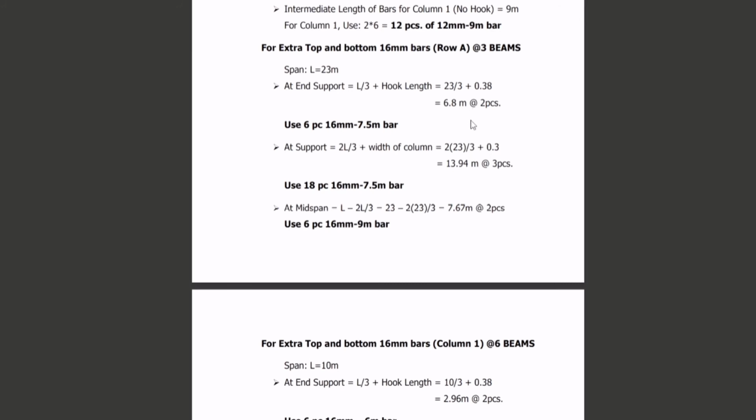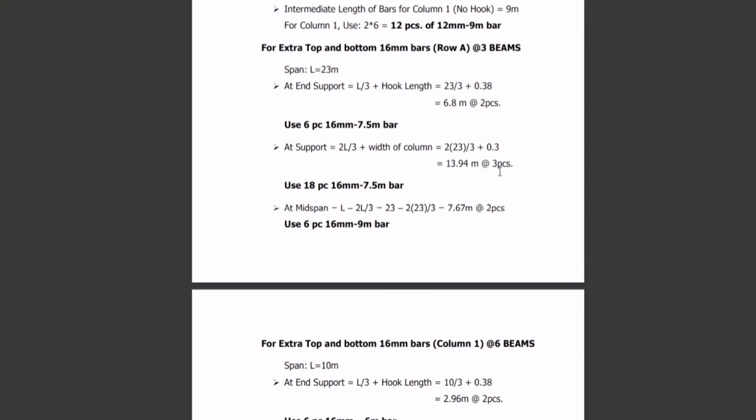So, kakailanganin natin dito ng dalawang pieces ng 7.5 meters. Tapos, multiply by 3, so 6 pieces. Then, sa support naman, 2 times 23 over 3 plus 0.3, which is equals to 13.94 meters.